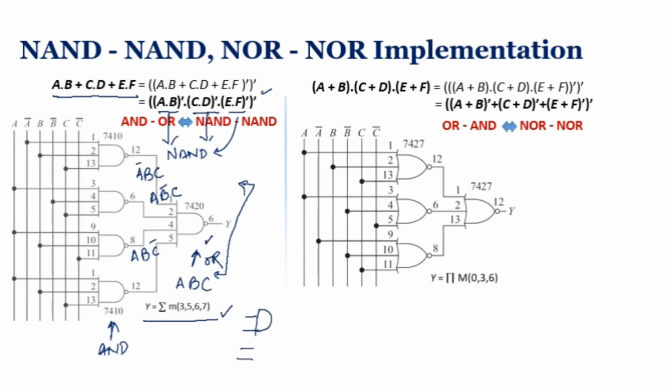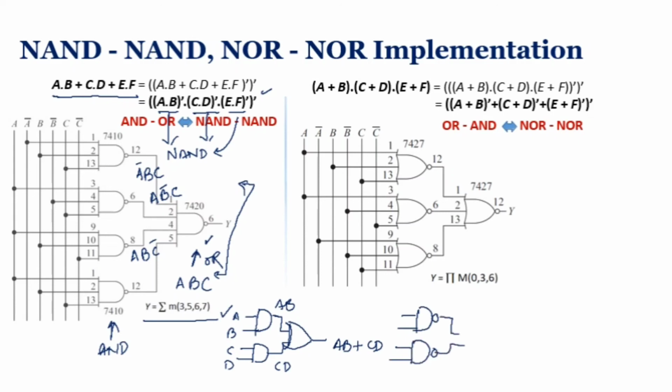So if I take a simple expression of something like this to verify this, so if I am having something like this A, B, C and D and CD here, so this will be AB plus CD. Okay, so we have to verify that when we use NAND gates here, that means something like this, if these two are identical, then we can ensure that AND OR form is equivalent to your NAND.